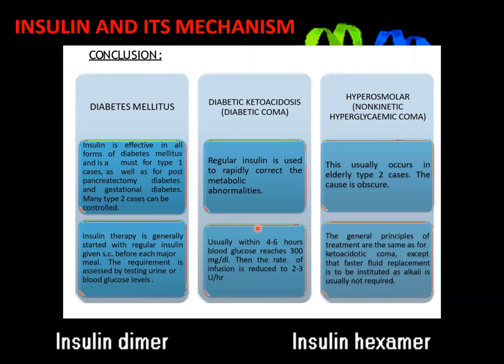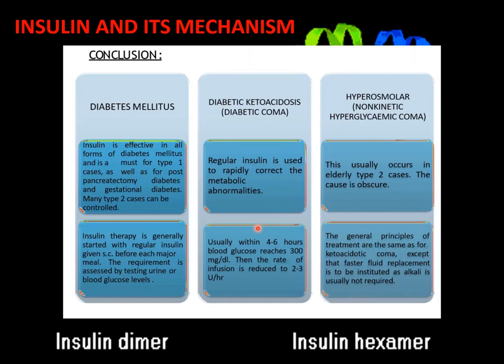In diabetic ketoacidosis, diabetic coma, regular insulin is used to correct the metabolic abnormality, usually within 4 to 6 hours. When blood glucose reaches 300 milligrams per deciliter, the rate of infusion will be reduced to 2 to 3 units per hour.